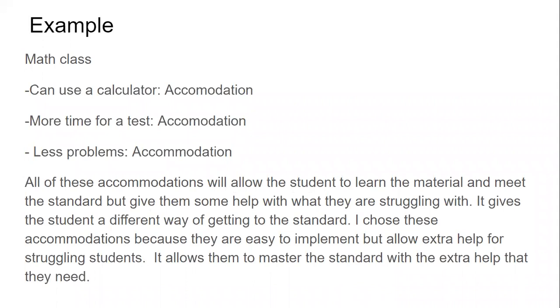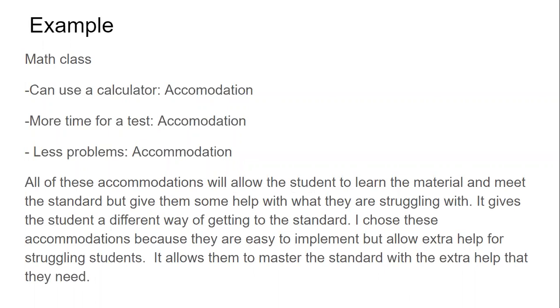And so I said that they could use a calculator, more time for a test, and less problems. With all of those accommodations, I'm still maintaining the standard. The student still needs to get to that standard, but how they get to that standard is different.